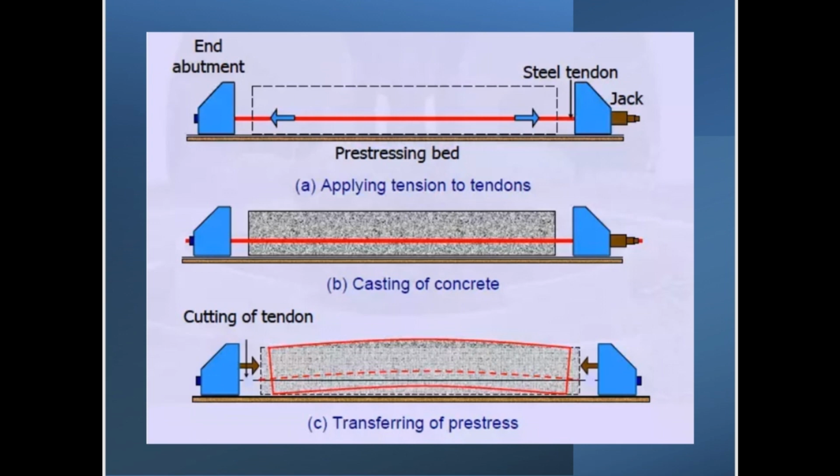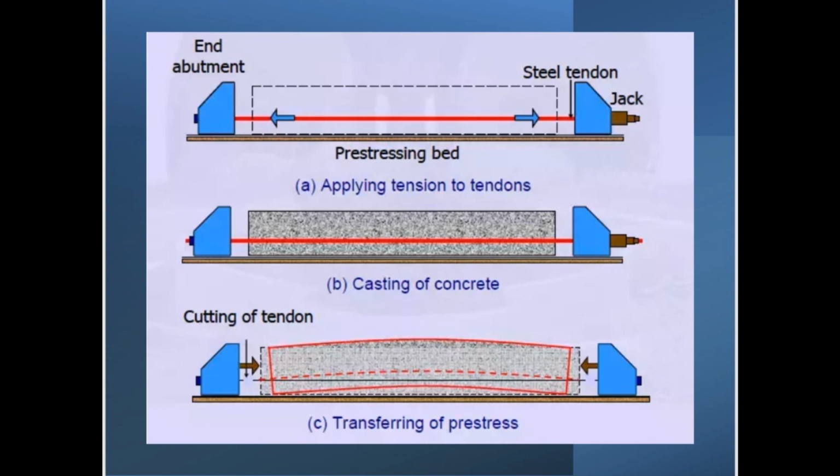Here we have a jack, afterwards you will come to know what those things are. First you understand the basic concept. The basic concept is that these tendons will be stretched at both ends. Concrete won't be poured yet; it will be stretched and it will be held here.